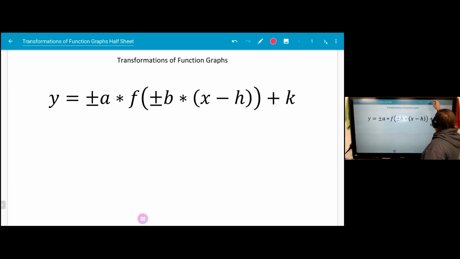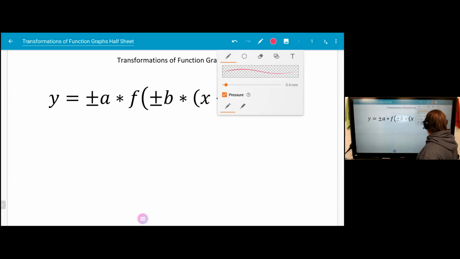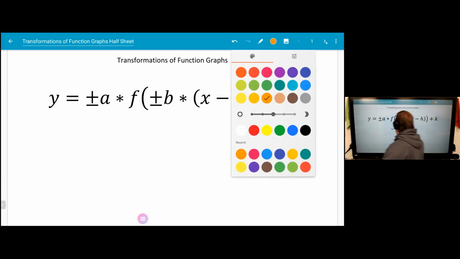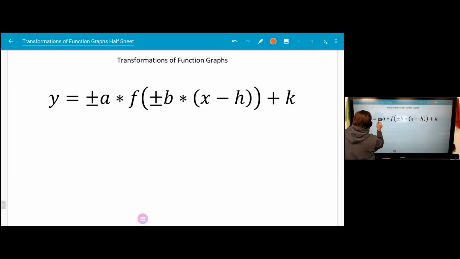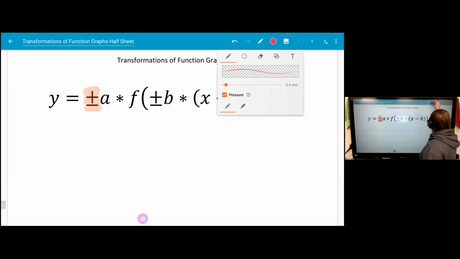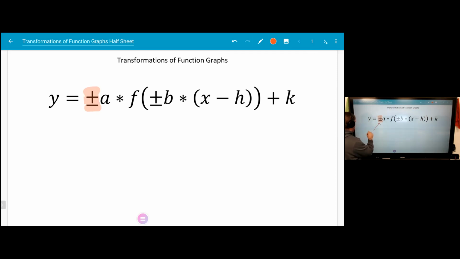Let's take a look here real quick. We're going to do some highlighting. Start here. We're going to look at this value right here. If this value is positive, we have no change.